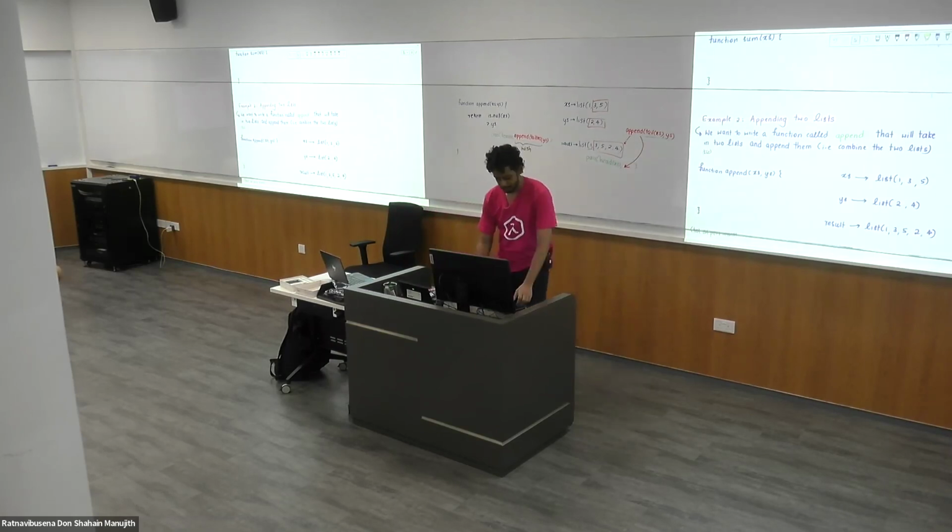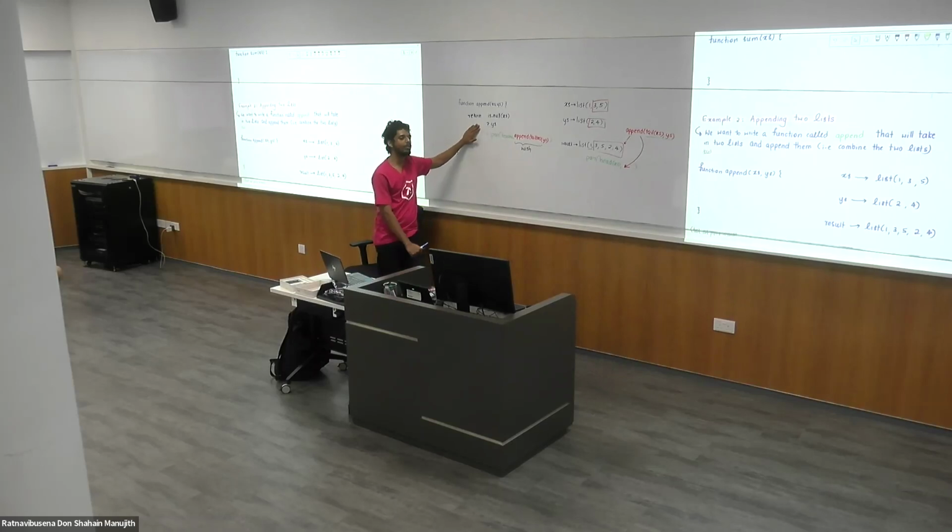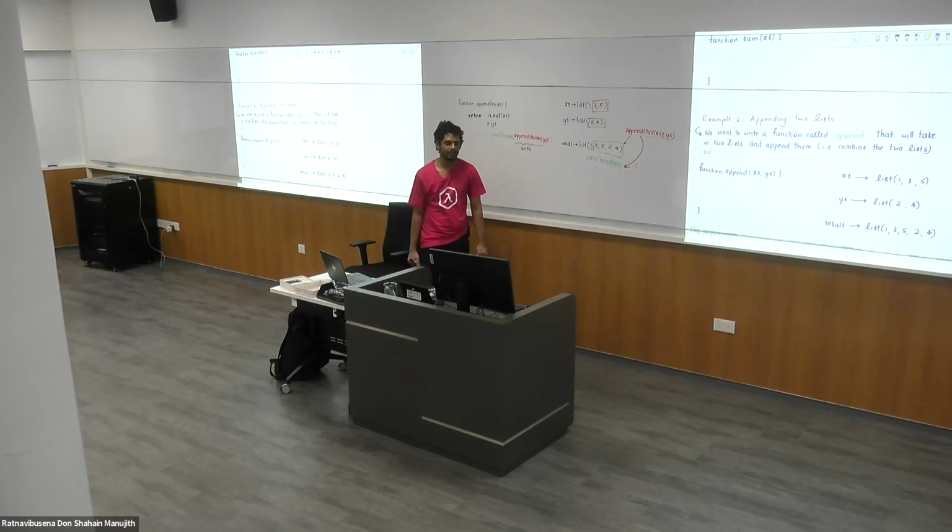Okay, good. So for those of you who are interested in how much time this takes, this is about time complexity, which is not the focus of this course. But how long does this take? If anyone knows about time complexity, theta of n. What's n here?